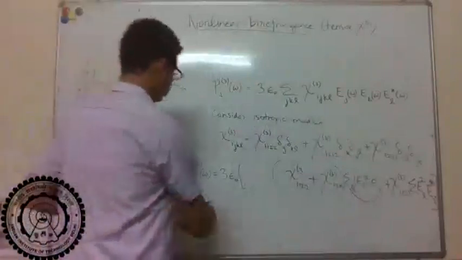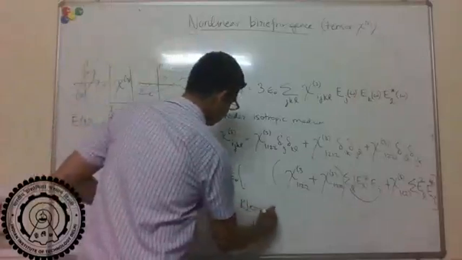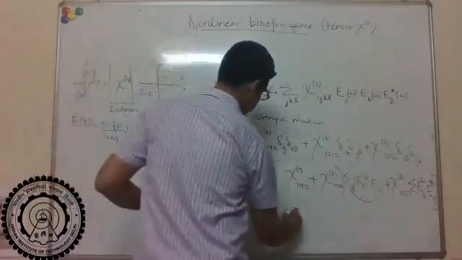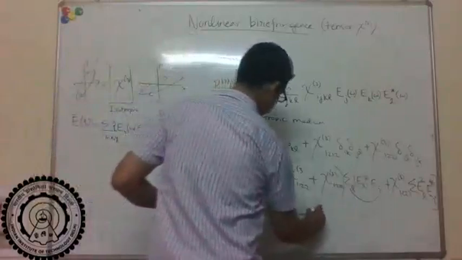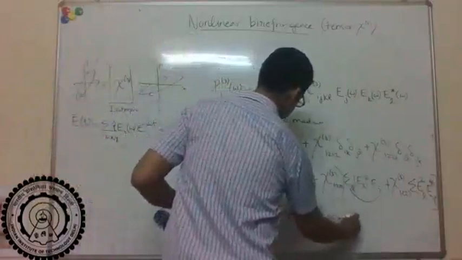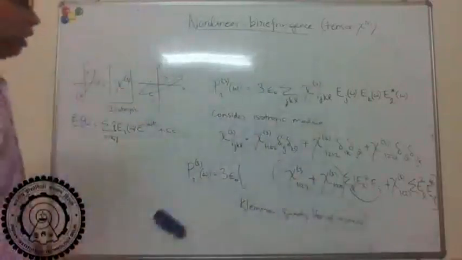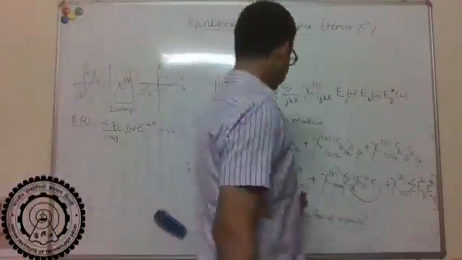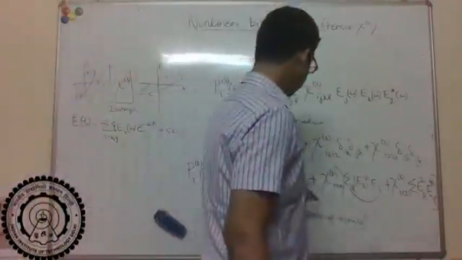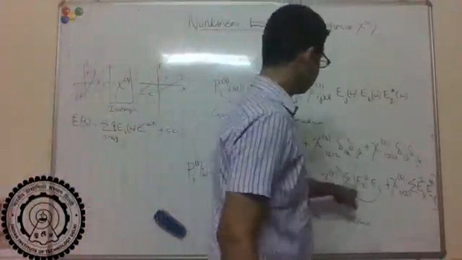Okay, and now you can make the Kleinman symmetry approximation, assuming we are far off resonance. And in the Kleinman symmetry case, we get full permutation symmetry of the indices, which means this is equal to this is equal to this.